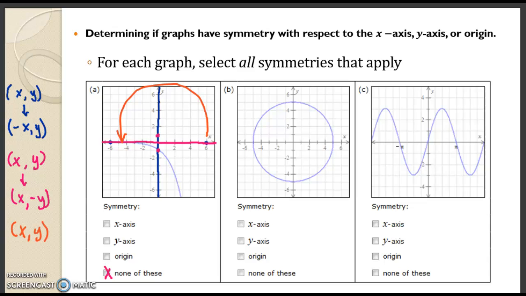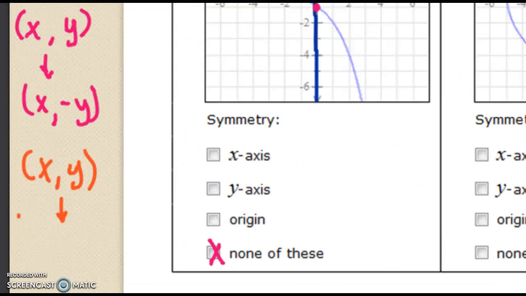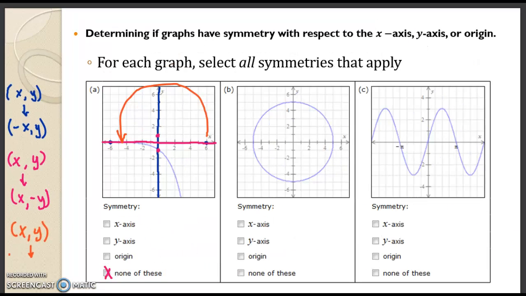And if the graph would land on top of itself, then you would have origin symmetry. And we'll talk about an example where that actually exists so you can see it a little better. Okay? But origin symmetry is if you have a point x, y, then that gets transferred to the point -x, -y.